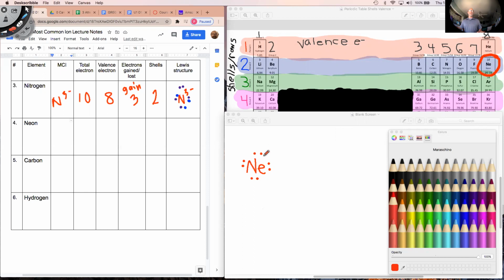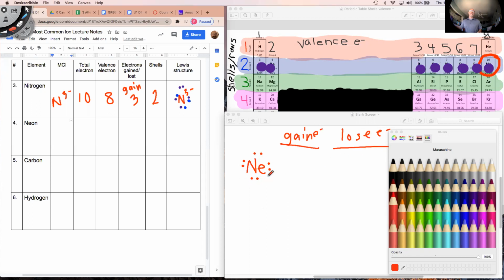Well, here's the question. Neon has, ladies and gentlemen, 1, 2, 3, 4, 5, 6, 7, 8. Neon already has 8 valence electrons, which means that neon already has a full shell. So the question is, does neon want to gain, do you think, or lose electrons?